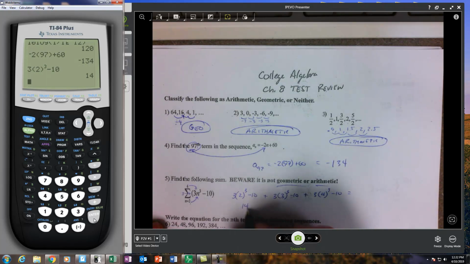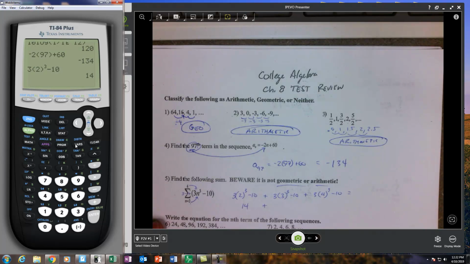So I've got 14 plus, and I'm just going to arrow up, grab this and change it to a 3 there. That gives me 71 plus, and I do it again with a 4 instead of the 3. Now obviously if you know how to use the calculator to do this in one quick step, that's awesome, and I'm all for it. But I'm going to add that to my 71 and my 14, and that gives me 267.